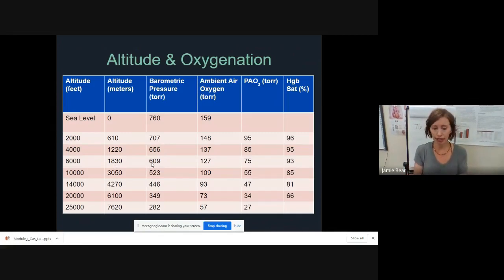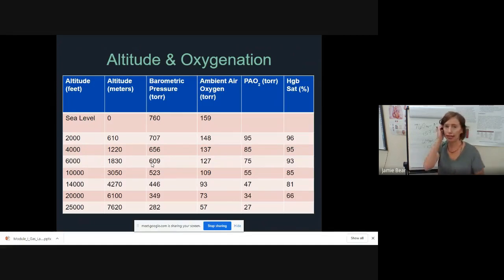So if we take our calculators and say 609 torr times 0.21, we calculate that and get 127.8, so that's millimeters of mercury or torr.